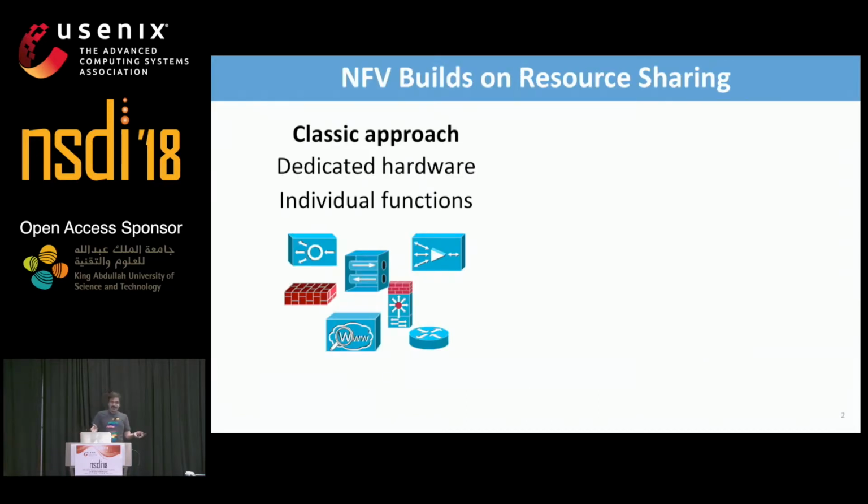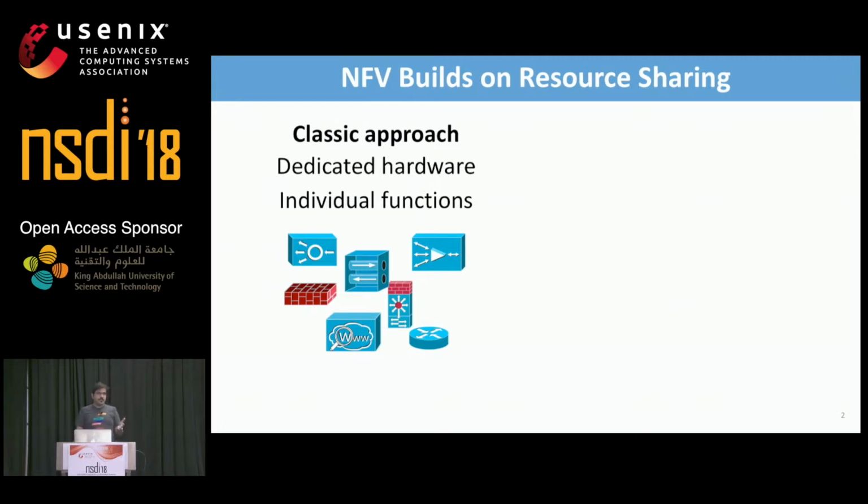There was an NFV session yesterday, so you probably by now, if you didn't know before, know what NFV is. Just as a quick reminder, in one slide, I want to tell you what it is and how it differs from the traditional way of building networks.